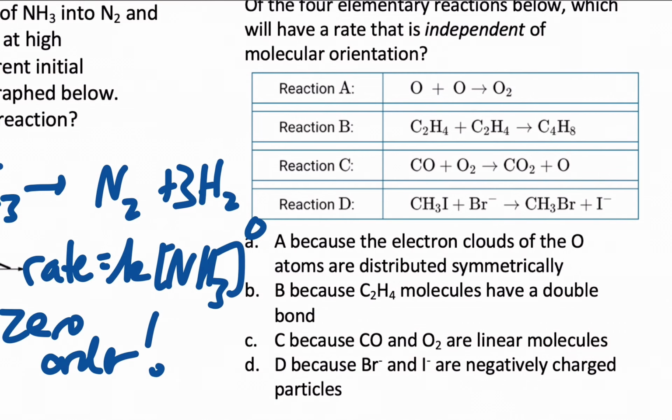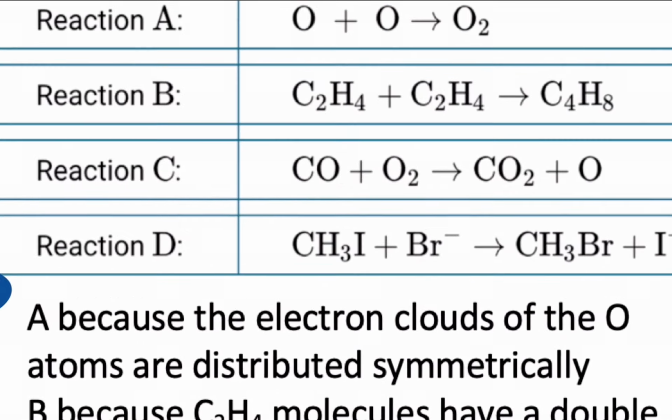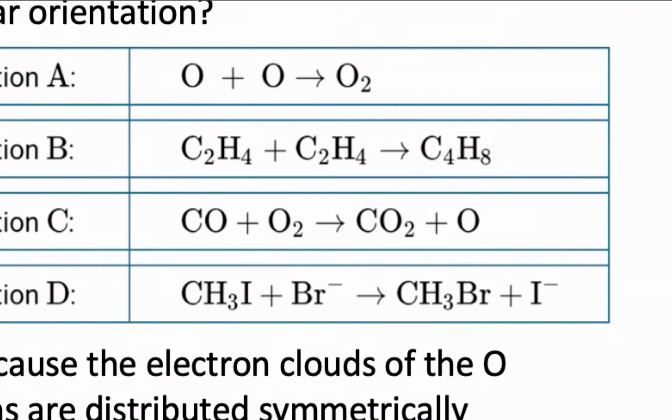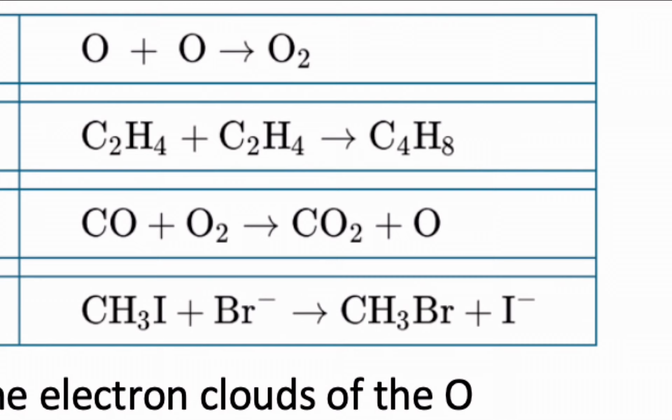5th question. Of the 4 elementary reactions below, which has a rate that's independent of molecular orientation? So molecular orientation refers to the fact that when molecules collide, they have to actually point toward each other in the right direction. For example, if I look at the 3rd one, I can tell that a carbon monoxide molecule picked up an oxygen to become carbon dioxide.